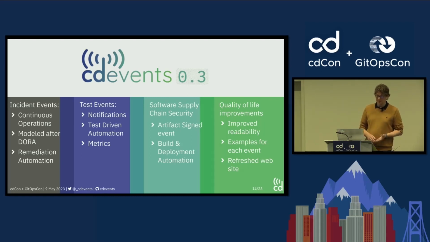We also had new contributors to the project, the Testkube project. They contributed a revamp of the test events, which can be used for test-related automation. We introduced events in the area of software supply chain security for artifacts signed.